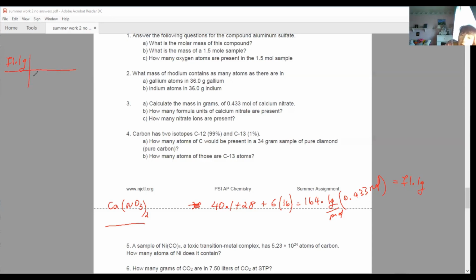We have to go to moles first. 1 mole is made of 164.1 grams, and in 1 mole there are 6.022 times 10 to the 23rd formula units. So 71.1 divided by 164.1 times 6.022E23, and we have 2.61 times 10 to the 23rd formula units.